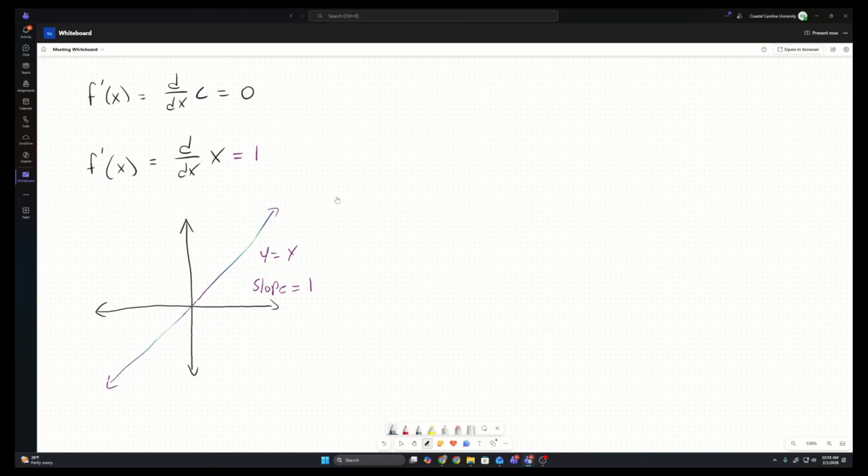Now, if we wanted to do it the fancy way, with the limit definition, f prime of x would be equal to the limit as h goes to 0 of f of x plus h minus f of x, all over h. This one's not too hard because f of x is just x.